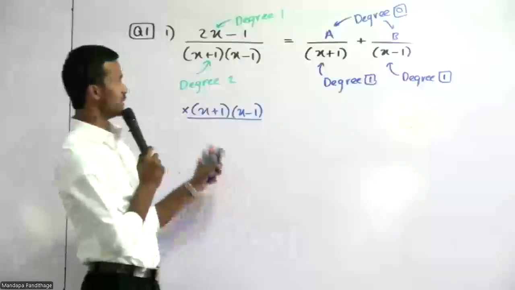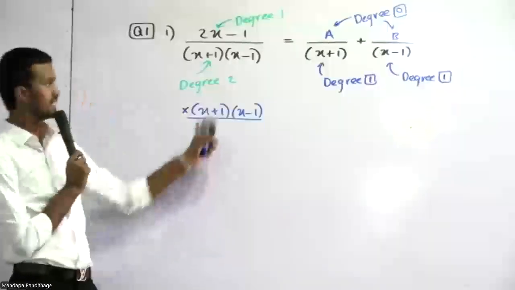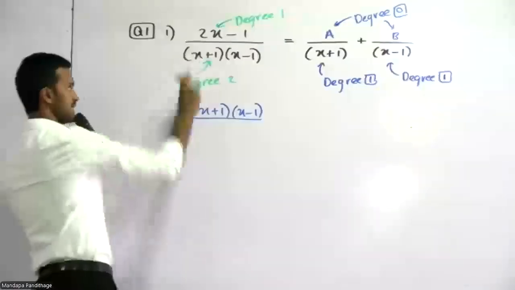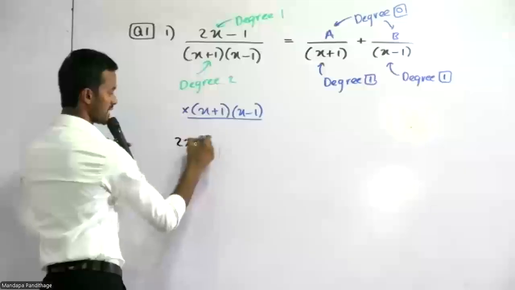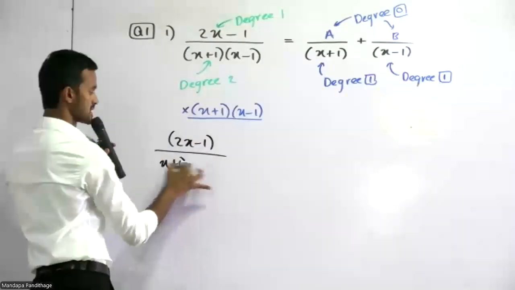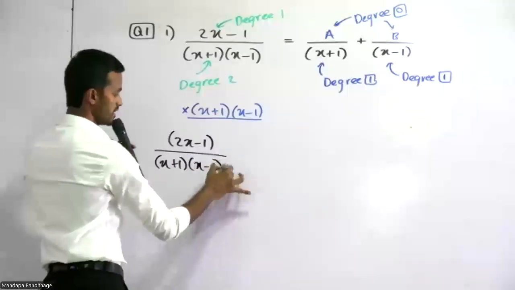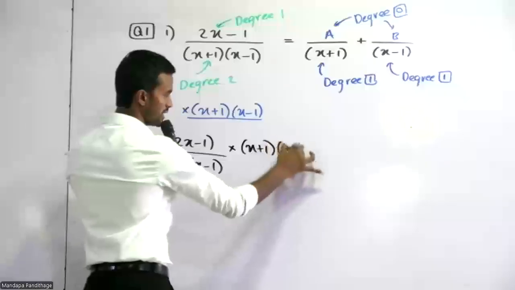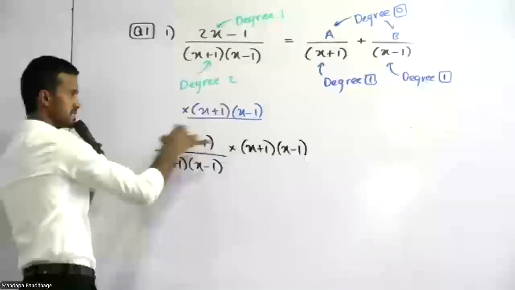Okay. Now what I do here is I multiply by this denominator. As the first one, I'll just write this. You don't have to write it this way, but since it's the first simplification, I'll be multiplying. When you multiply by this denominator, this will be remaining.